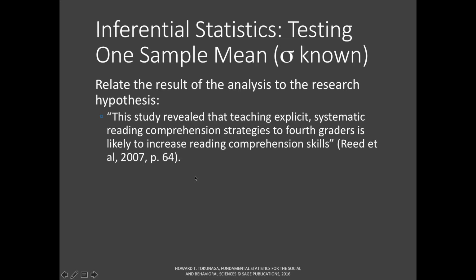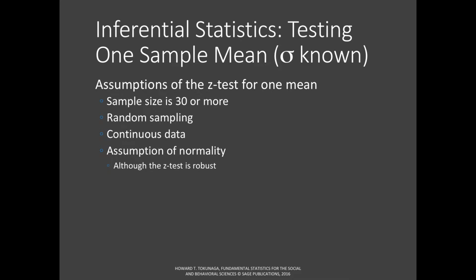Cool. Questions about this part? No? Okay. So, the things that we're going to assume for one mean. I know that this example had 20 and that doesn't make sense, but just pretend it didn't. For a z-test, you want to have a sample of 30 or more. You're going to assume that a random sample was taken.